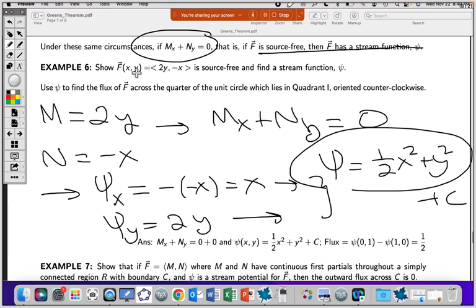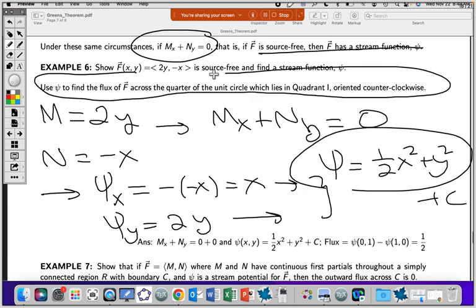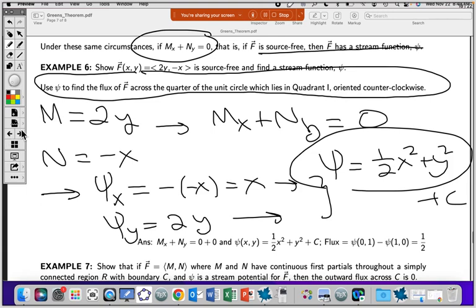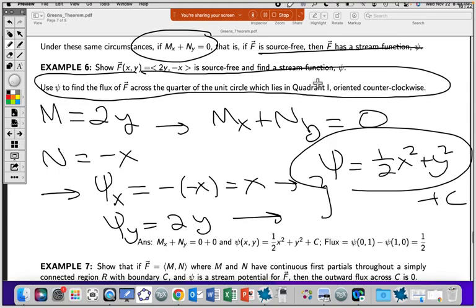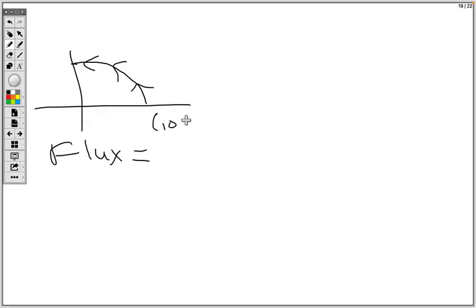So if we want to find the flux of F across the quarter of the unit circle, which lies in the first octant, or first quadrant, counterclockwise, so if we're going this way, and we want the flux of this field, then I can look at the change in the stream function going from 1, 0 to 0, 1.